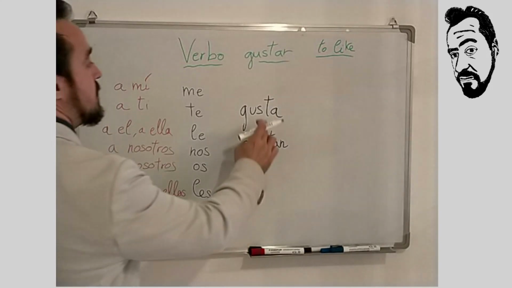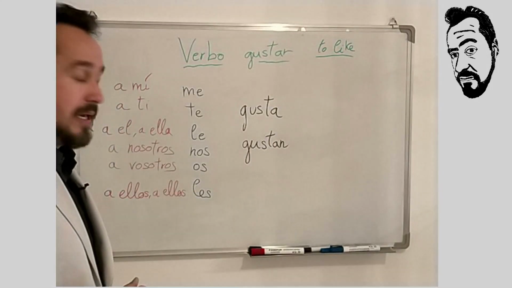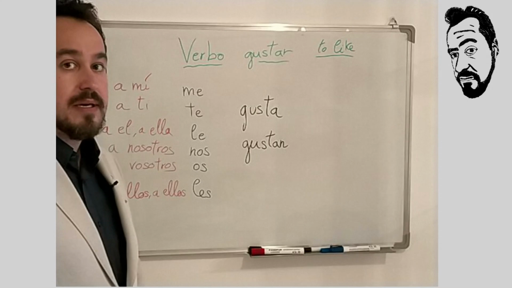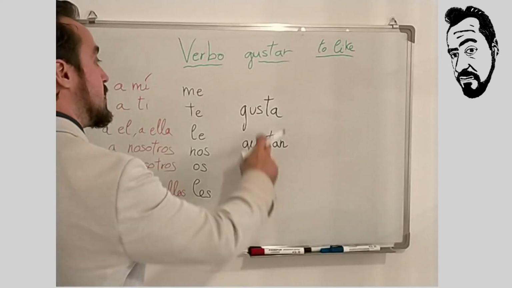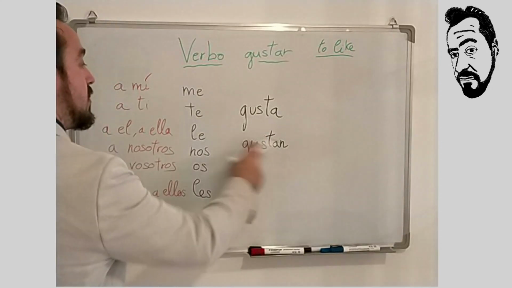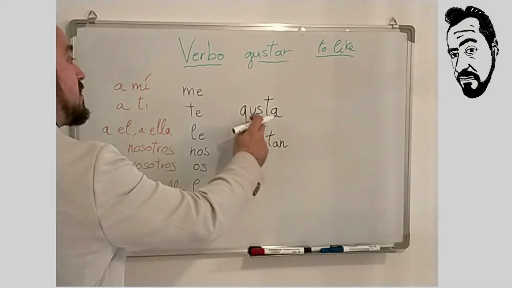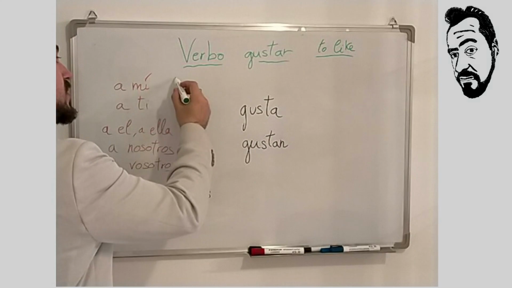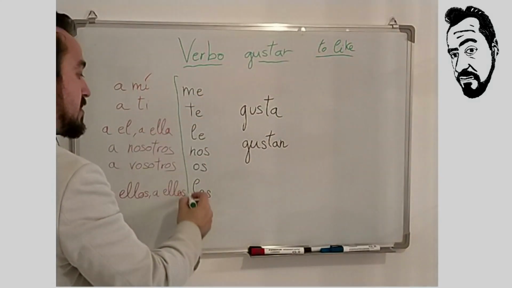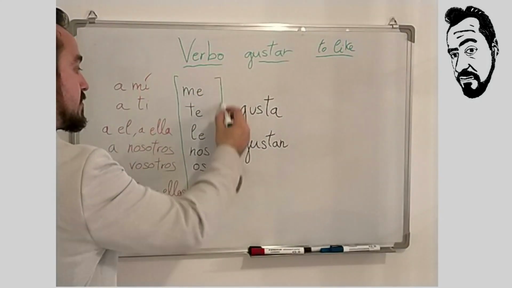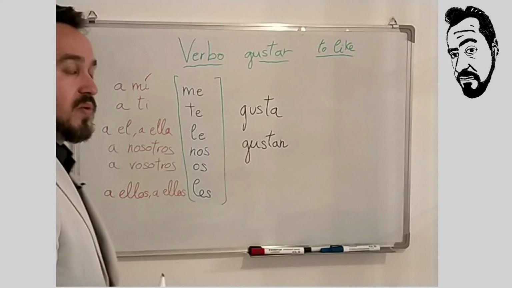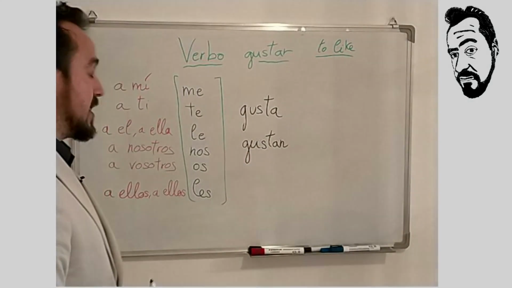So you're gonna have your verb here, okay? And you're gonna use it either in the singular or in the plural. Before this verb, we're gonna use these pronouns here, which are mandatory. Okay?